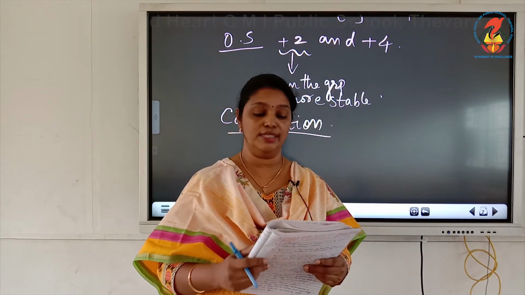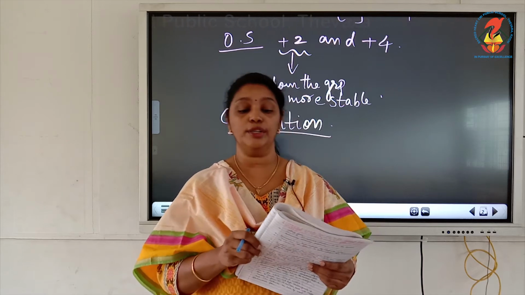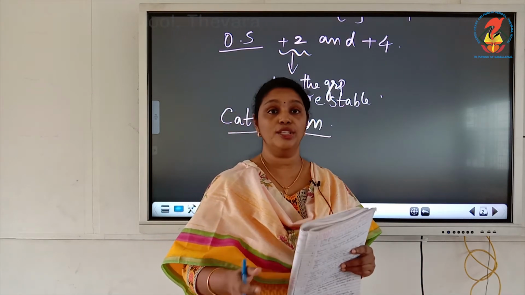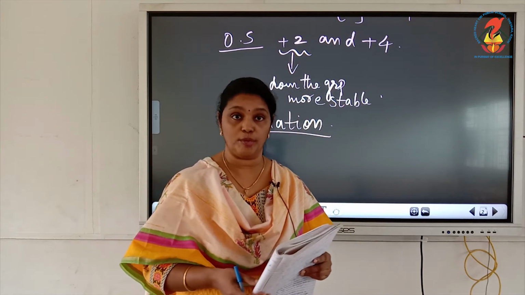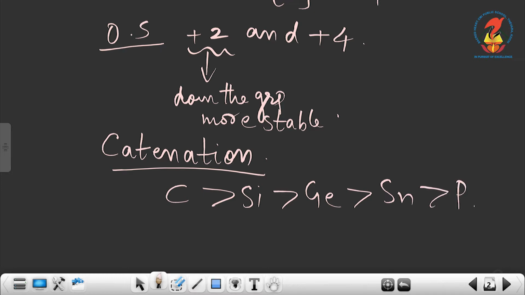That is the reason for catenation, and catenation tendency decreases down the group due to increase in atomic size. So, arranging group 14 elements in decreasing order of catenation property: carbon greater than silicon, germanium greater than tin, greater than lead.